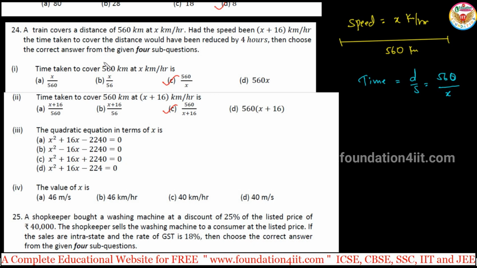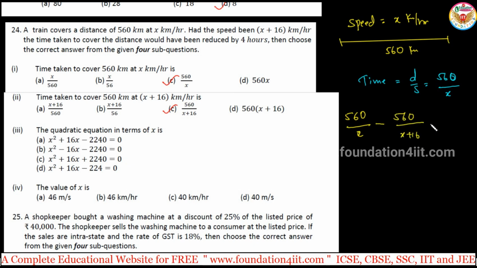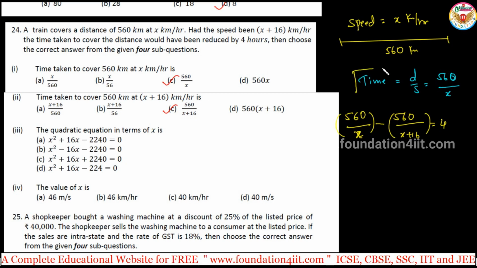So the equation we can make is 560 by x, the time, minus 560 by (x plus 16) is equal to 4. The difference between these two times is 4, because the time formula is this.